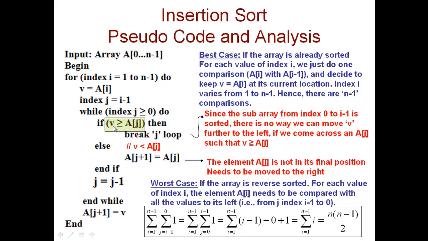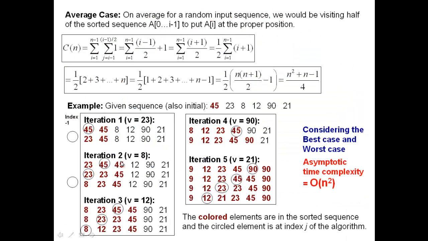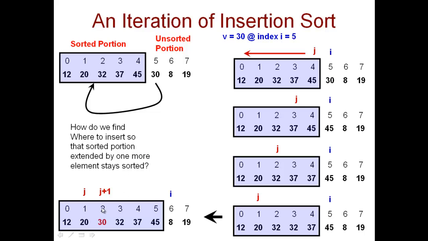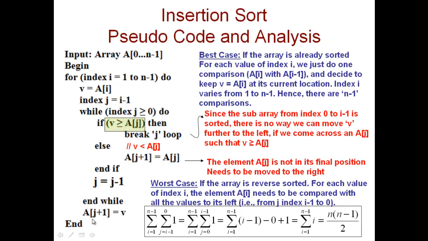We break from the j loop. And when we break from the j loop, this is the j loop starting with the while and end while, what we do, we write at j plus 1, a of j plus 1 equals this v, which is the 30. So that's why even when we come out of the j loop, we need the value of j.